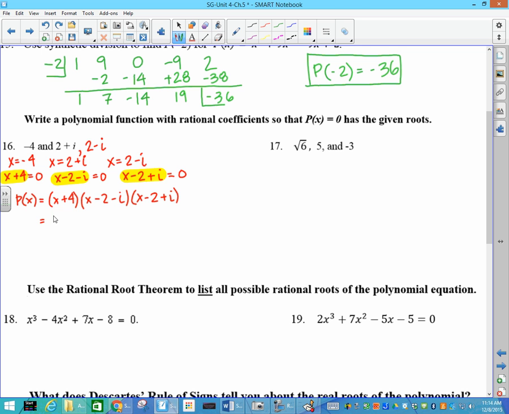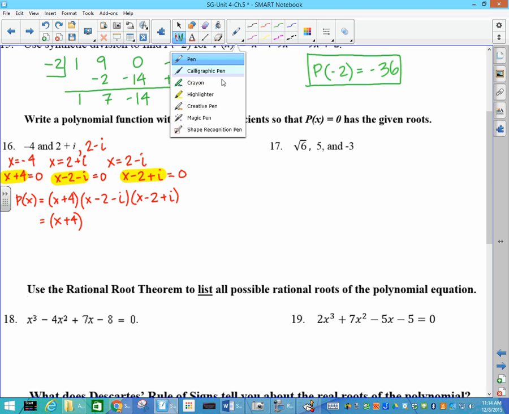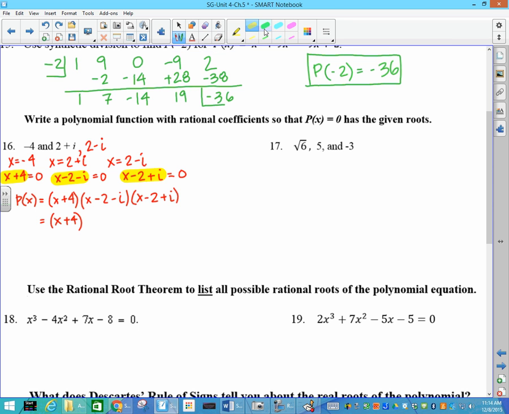And so carry down your x plus 4, and this is the one that we have talked about before, that these two will always be the same, and the last two will always be the same. So that's your a plus b, a minus b.